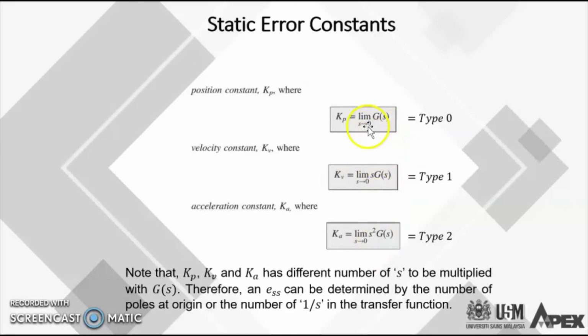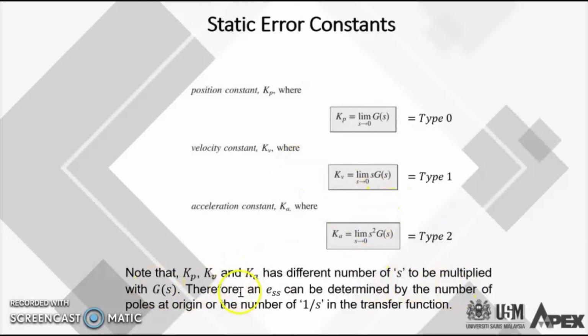This one has no s, this one has s, and this one has s squared. The number of s here represents the type of the system. So type 0 means there's no s, type 1 means there's one s, and type 2 means there are two s. Note that Kp, Kv, and Ka have a different number of s multiplied with G(s).